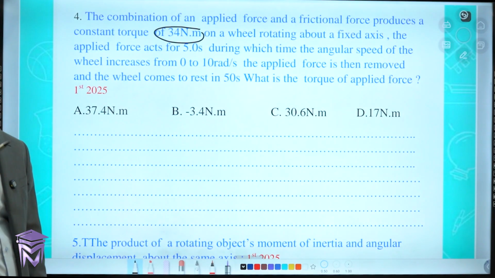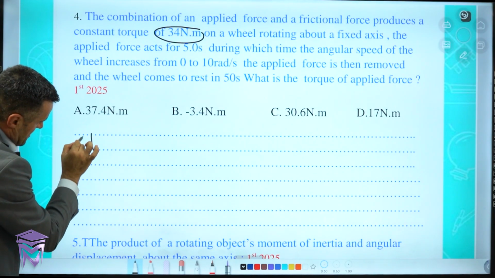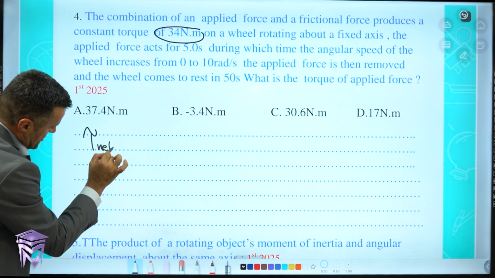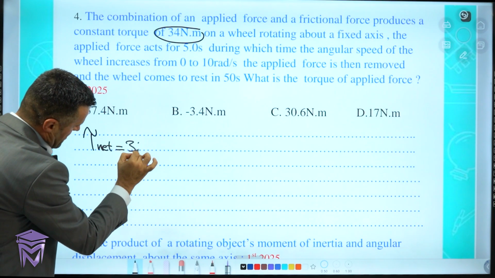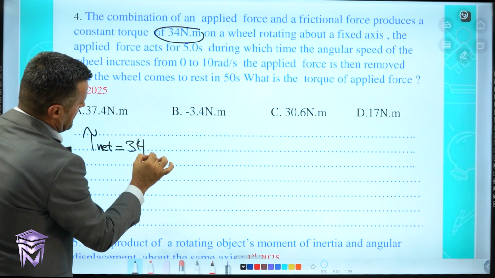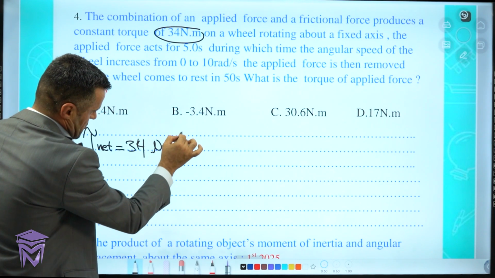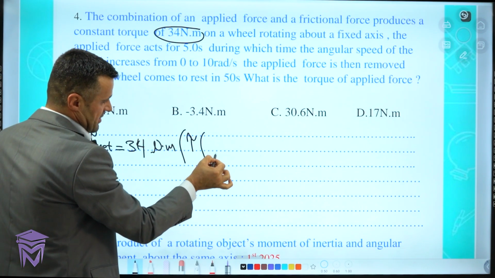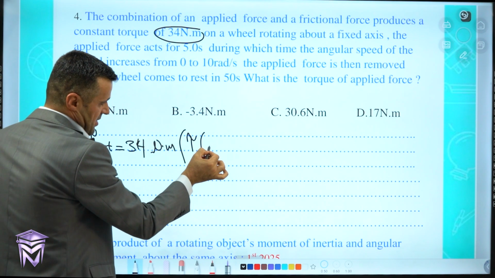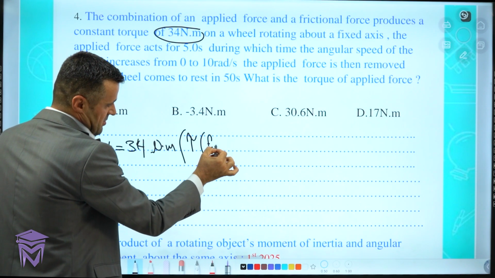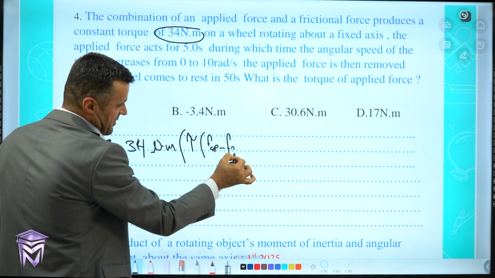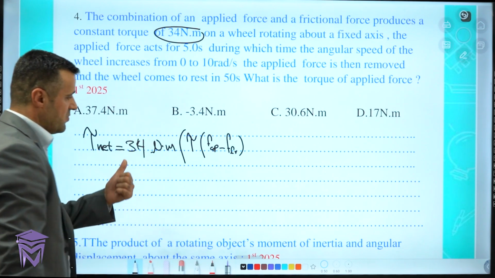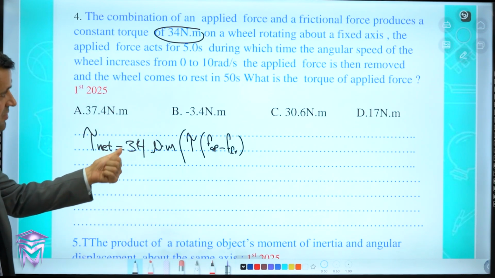This is a net torque equal to 34 Newton meter, the result of the applied force minus the friction force equals 34 Newton meter.